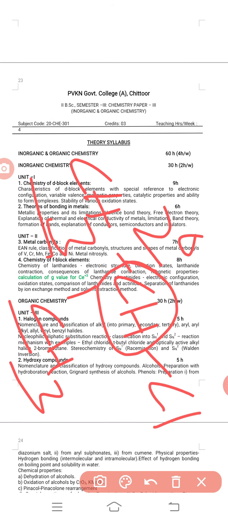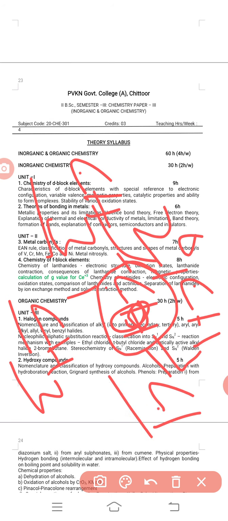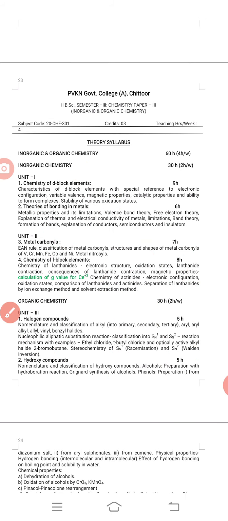A secondary carbon directly attached to chlorine is a secondary halogen compound. Instead of one hydrogen, I am writing one methyl group. This carbon is bonded with 1, 2, 3 carbons, so it is called tertiary. A tertiary carbon directly attached to chlorine is a tertiary halogen compound. So primary, secondary, tertiary.